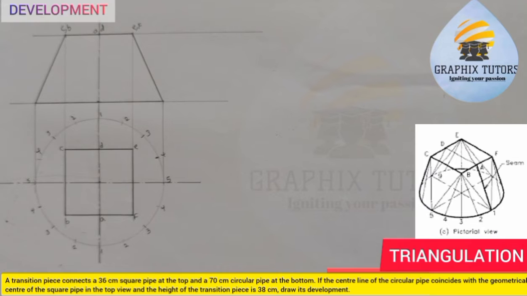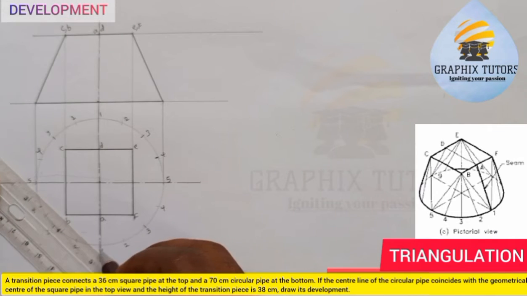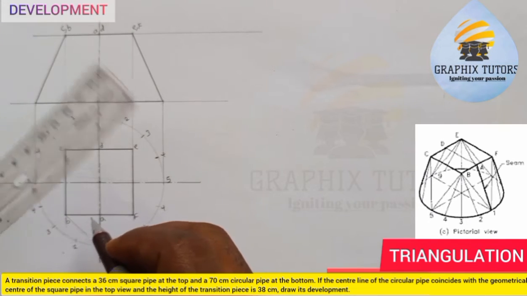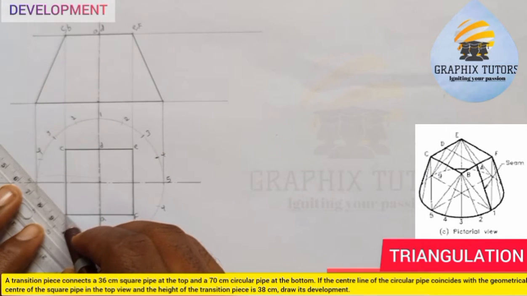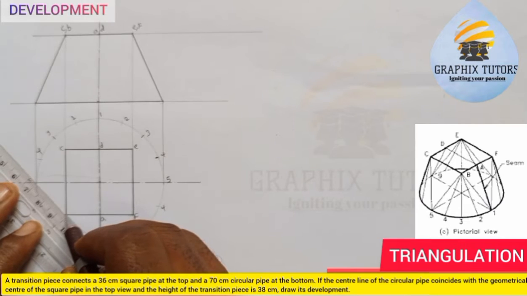So we'll continue. So if that is the case, I will now join each of those points. I'll join B to 1, and I'll also join B to 5. Right? B to 5.